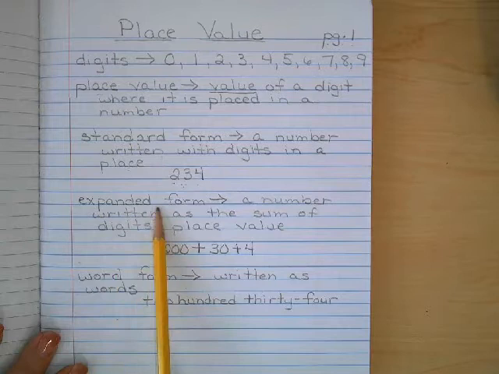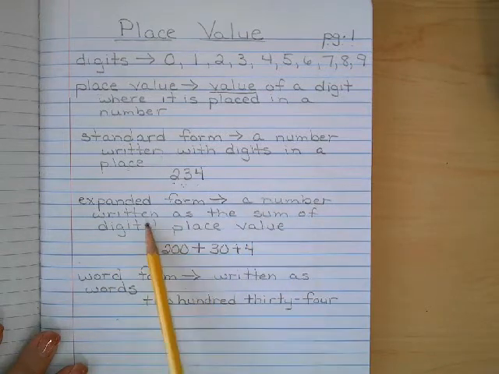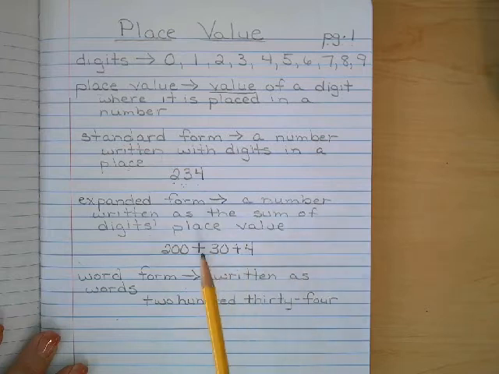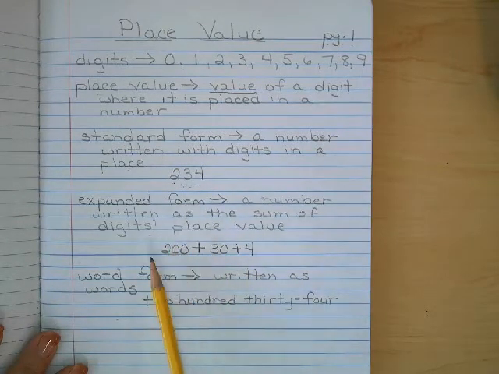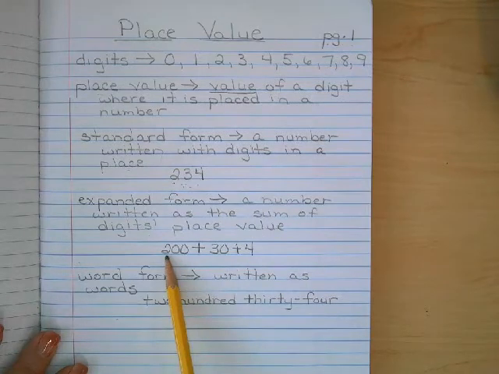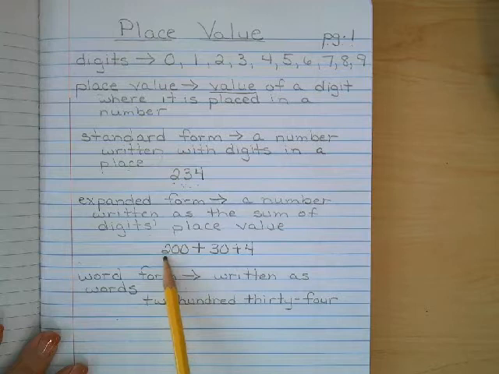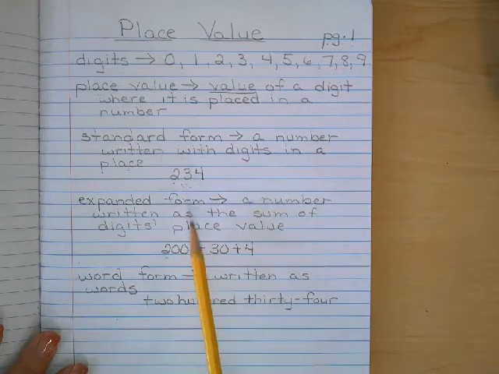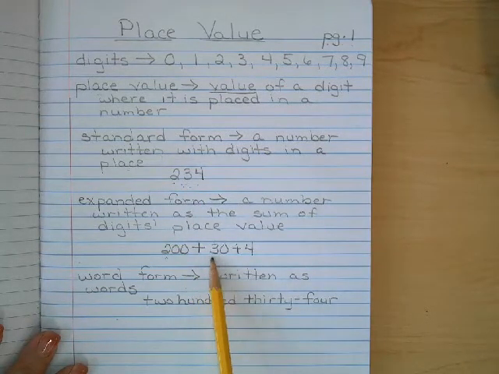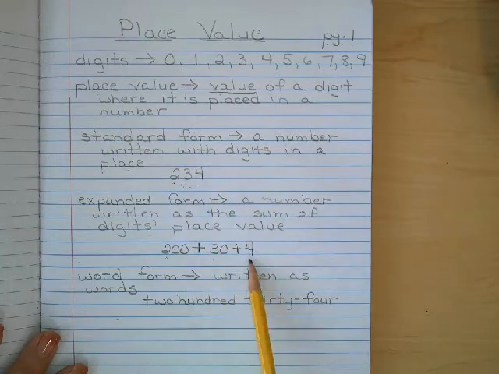Expanded form is a number written as the sum of the digits place value, which means that we take a standard number and we break it apart by its value. So the 2 is a value of 200, the 3 has a value of 30, and the 4 has a value of 4.